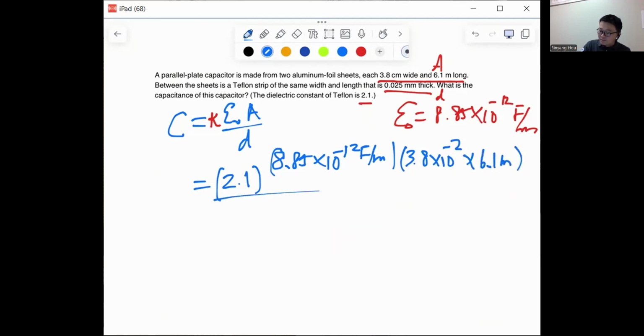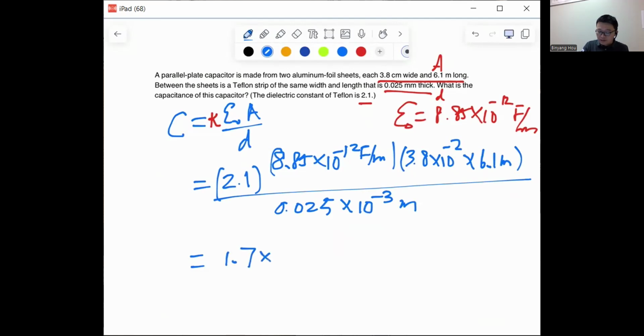Divided by D, 0.025 millimeter. That also needs to be converted into meters. So then you get 1.7 times 10 to the minus 7, and that's in farad. Okay, so that's that.